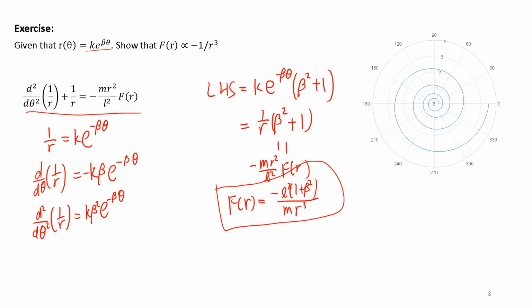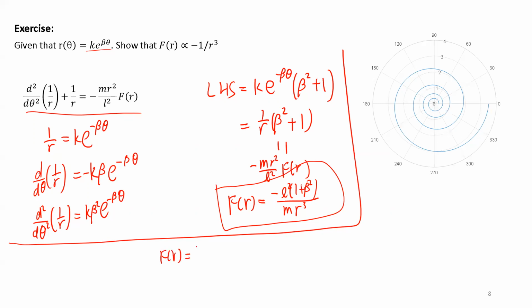So as I said, we can do it the other way around. Let's say I just tell you f of r is given by minus k divided by r cubed, and this time I want to find r as a function of theta. So how do I do that?